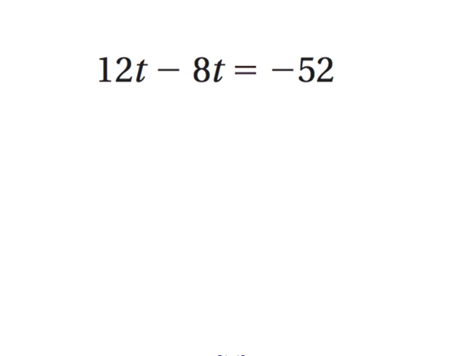Okay, and last example before we get to word problems. This one requires us to combine like terms before we actually start solving. So 12t minus 8t, those are like terms. So before I start solving, I can combine those to be 4t.